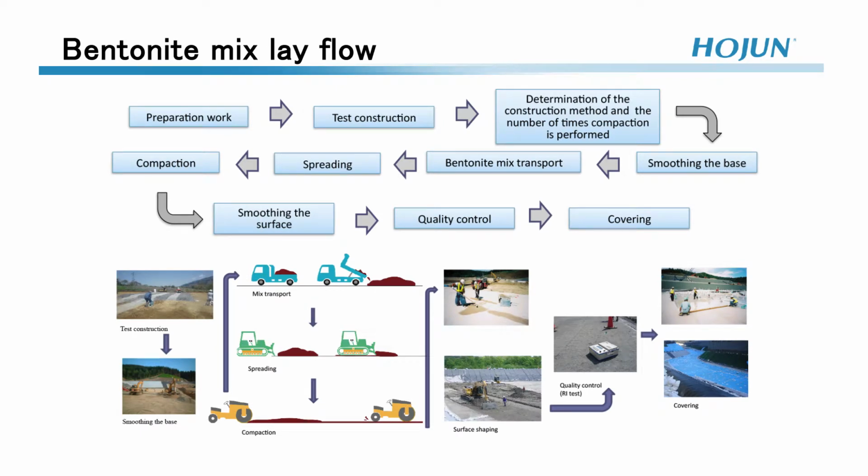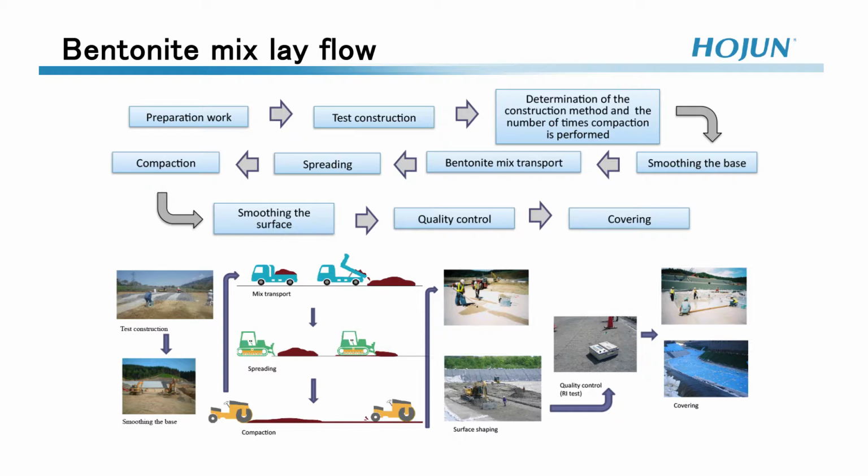The bentonite mix must be compacted to the prescribed compaction density to ensure seepage control. Therefore, test construction is performed beforehand to determine selection of the compaction machine and the number of times to perform compaction and execution method.